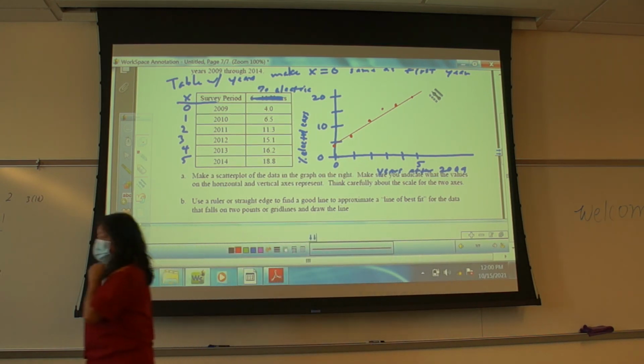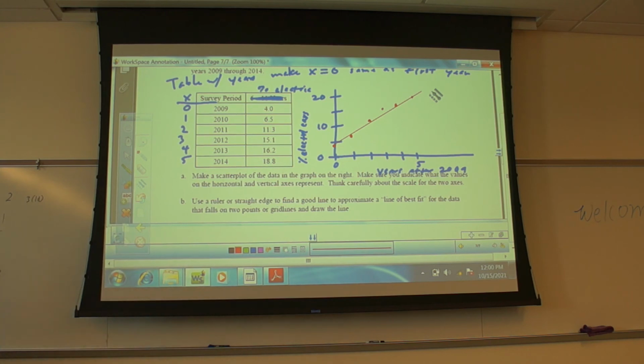What I'm telling you to do for the exam, which is on Monday, is take the first point and last point. Do not take the first and second. Everybody hear me?